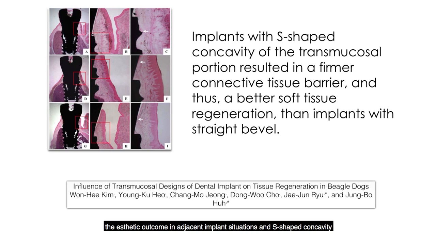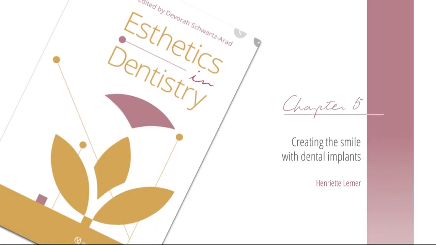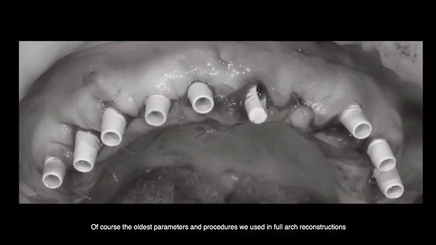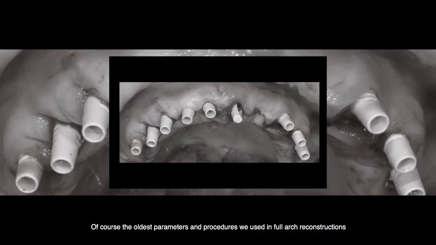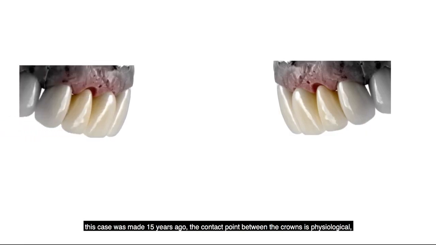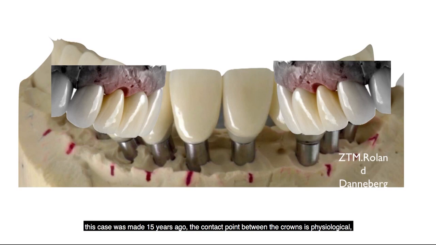And the S-shaped concavity of a transmucosal portion gives us a firmer connective tissue barrier, which is maintained over time. This is documented in the literature. Now, of course, all these parameters and procedures we used in full arch reconstructions, and one of the cases was published in one of the aesthetic dentistry books by Deborah Schwartz. This case was made, I think, 15 years ago.